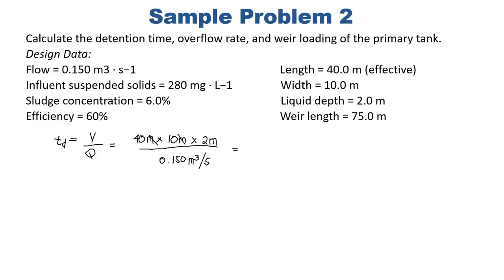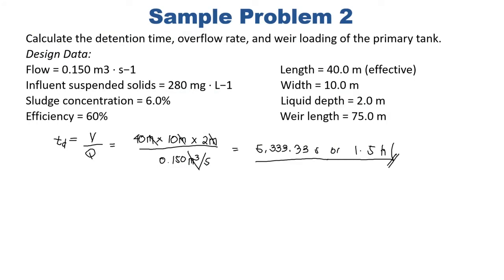So our detention time is equivalent to 5,333.33 seconds, or equivalent to 1.5 hours. So the question is asking for the detention time we already solved, which is 1.5 hours.